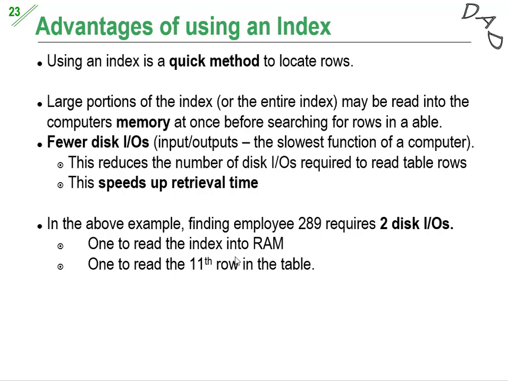And the second read is, once the record has been located, reading that particular row from the address in that index. So basically we have only a couple of reads in order to locate a particular record or row in a given database.